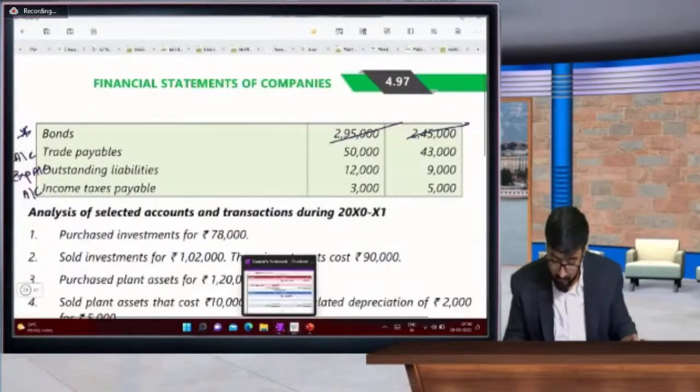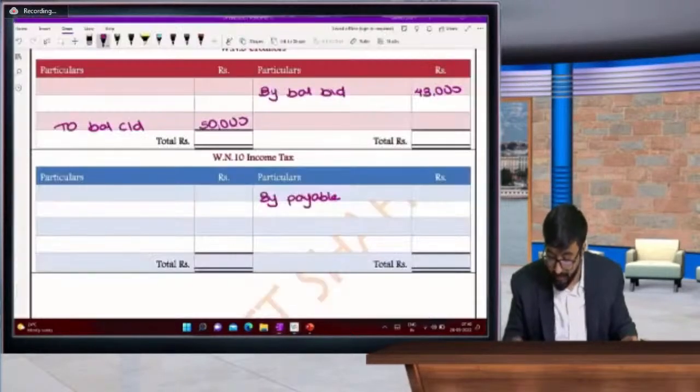By payable 12 and 9, outstanding liabilities remaining. Expense account.